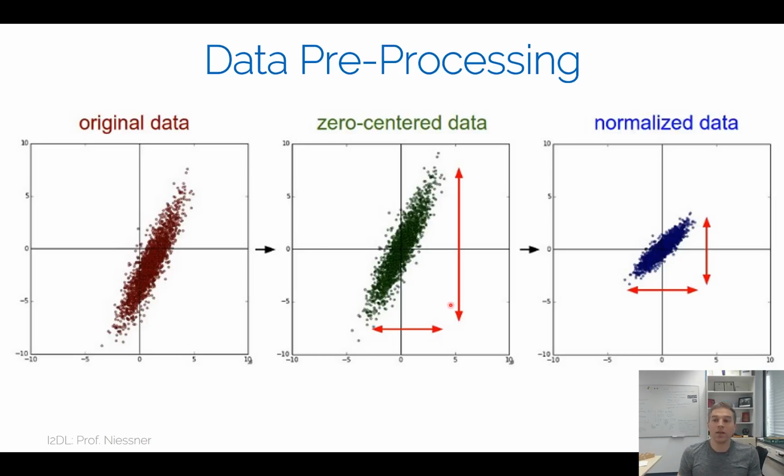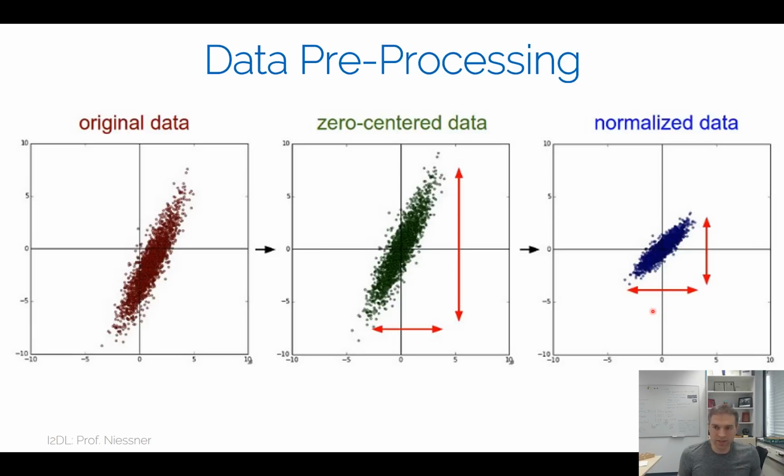The second part we care about in the input is making sure that all the dimensions of the input data don't have any outliers. So this is the normalization: we go through all the dimensions of our input features and make sure that they are all at the same scale. This is not a new idea. People have been doing this in machine learning long before neural networks, with ideas like whitening.